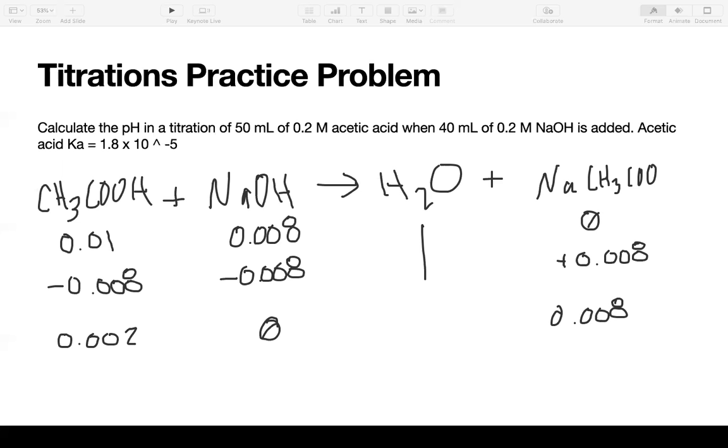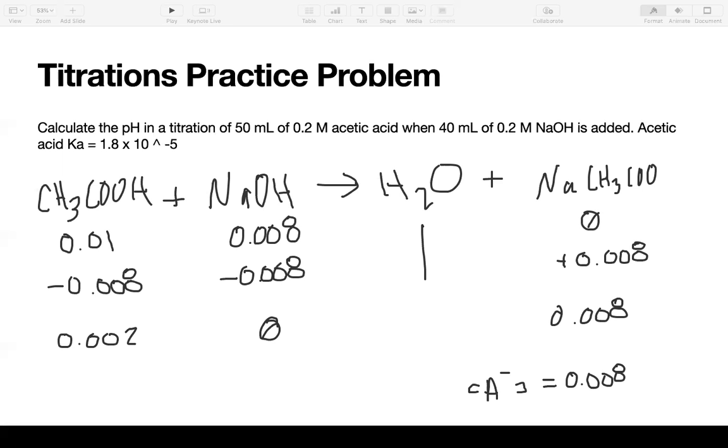So once we get here, another thing that we could solve for is our concentration of our acetate ion. And that actually, let's do A minus, is also equal to 0.008.